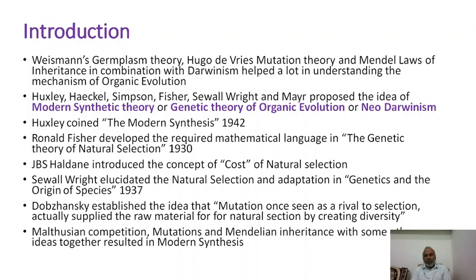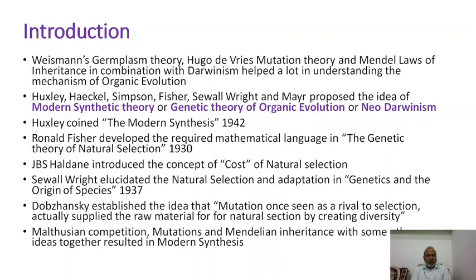So instead of variations, we use the word mutation. And Darwin explained inheritance in a wrong way, so let us add Mendelian laws of inheritance. So Weismann's germplasm theory, Hugo de Vries's mutation theory, and Mendel's laws, in combination with Darwinism, helped us understand a lot about the mechanism of organic evolution.